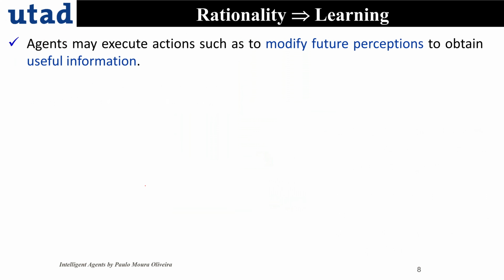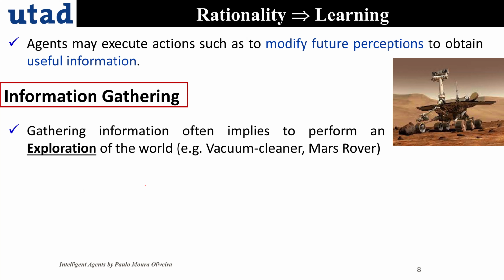Rationality also implies learning. Agents may execute actions to modify future perceptions to obtain useful information. This is something that, for instance, robots do all the time. So there is this information gathering, for instance, the Mars robots or the vacuum cleaner.